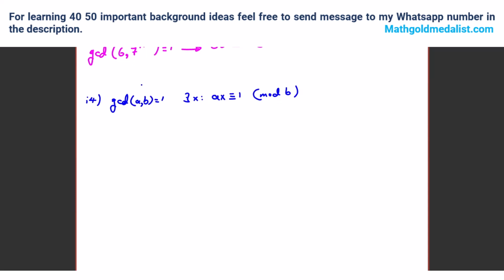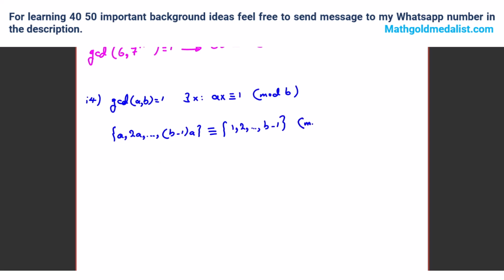The reason is, you should consider a, 2a, up to (b minus 1)a. And we want to prove that one of them is 1 mod b, and then the problem will be proved. So first I want to prove that they are different mod b.